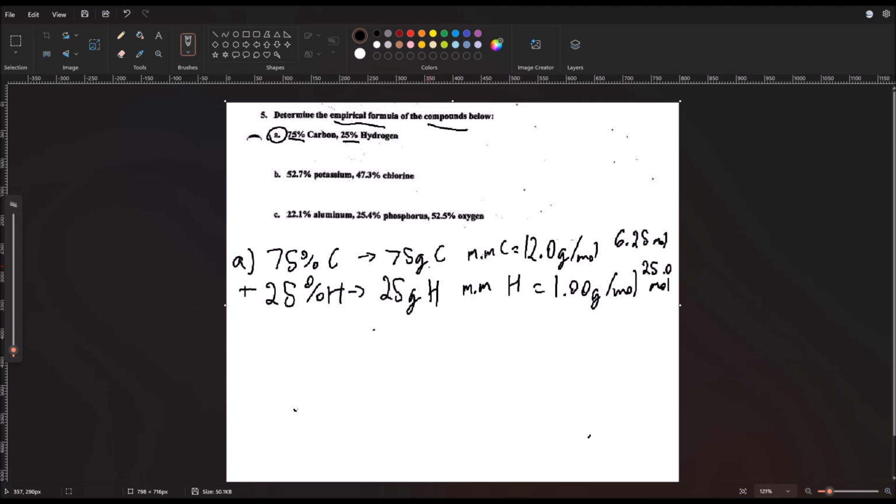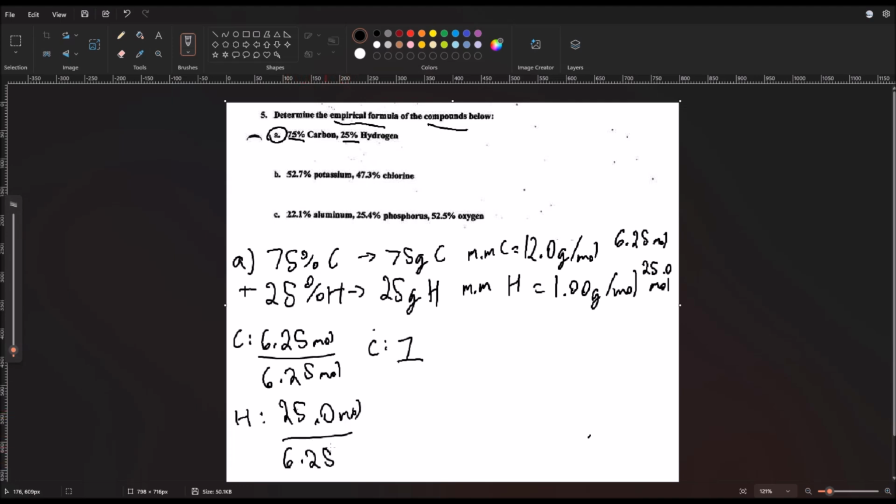Carbon is going to have the smallest value of 6.25 moles. When we divide 6.25 by 6.25, we're going to get a whole number of carbon being 1. If we do the same thing with hydrogen, 25.0 moles, and divide it by the smallest value of the moles, 6.25, we're going to get 4 parts of hydrogen. So hydrogen is going to be 4 in this case.